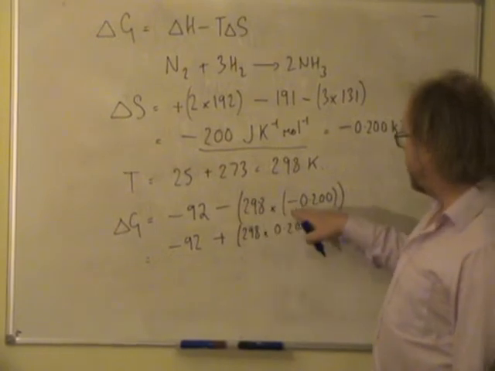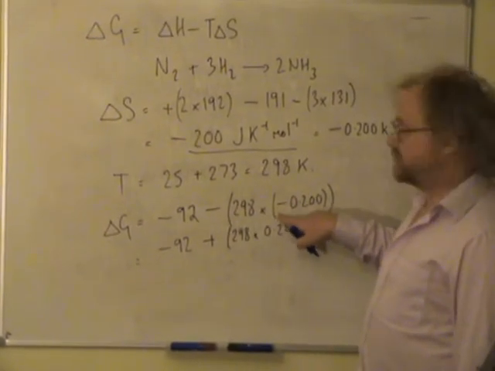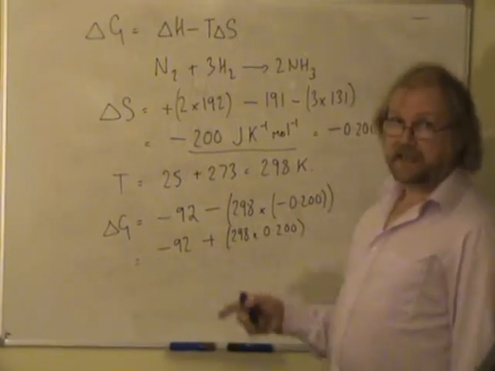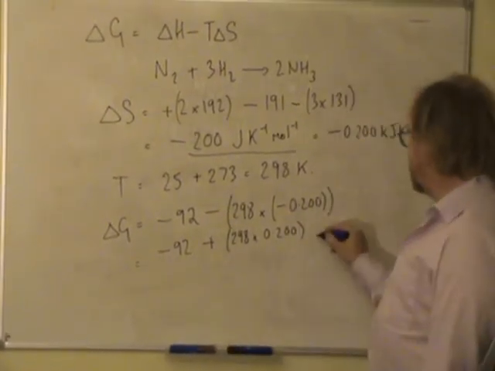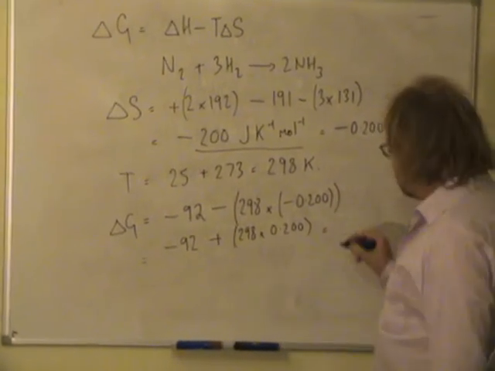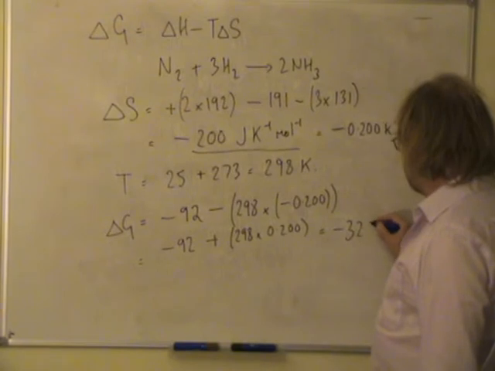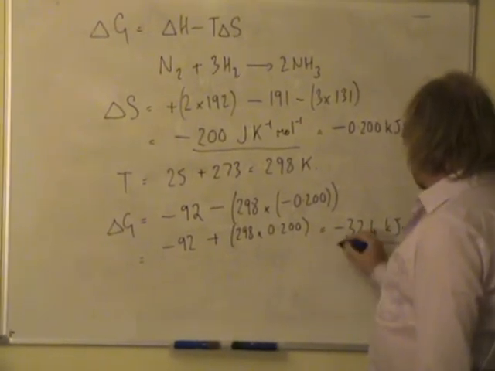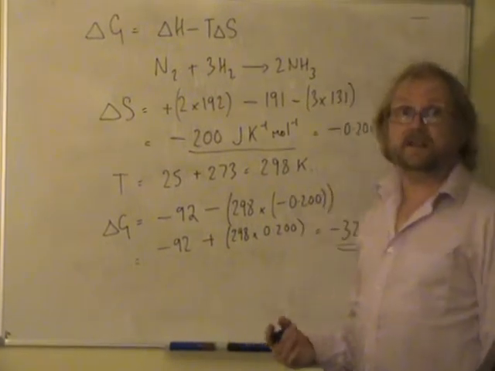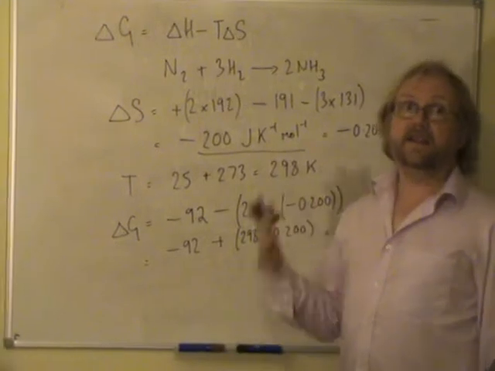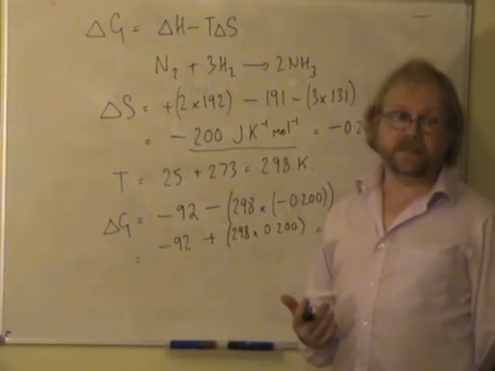So be very careful when you have negative entropy changes, because if you subtract a negative number, that's equivalent to adding a positive number. And if you compute that, you get minus 32.4 kilojoules per mole. And then you actually have to explain what the significance of that is. So don't just leave it at the number. Say, therefore, delta G is negative, and that's what means that the reaction is feasible.